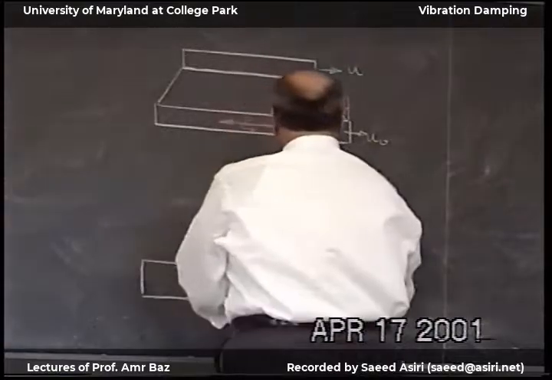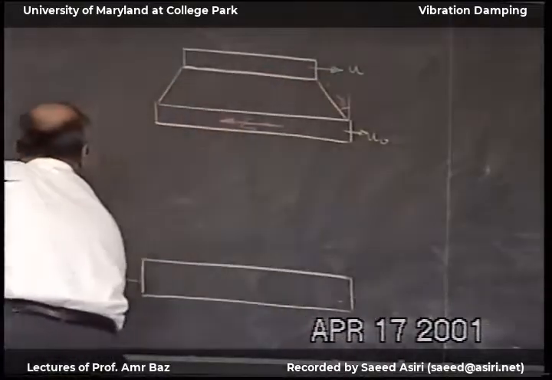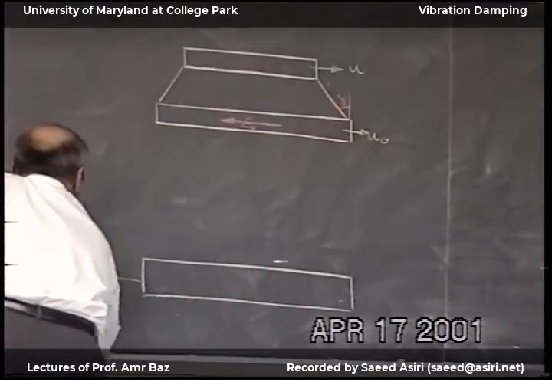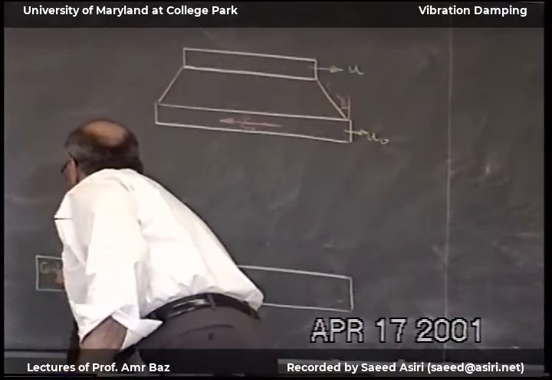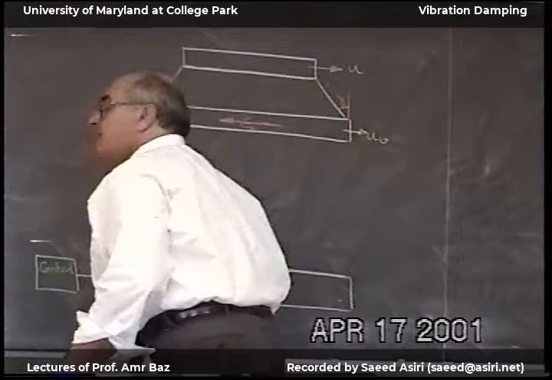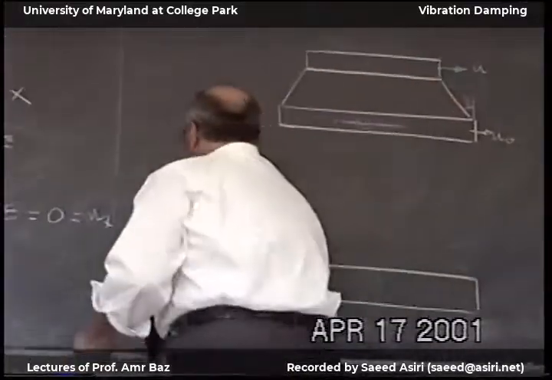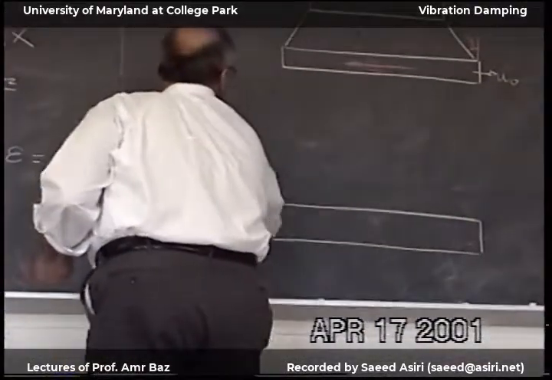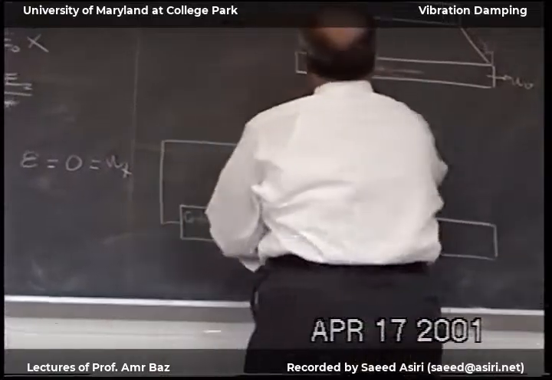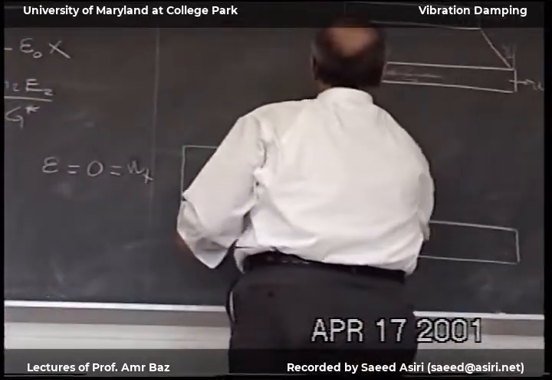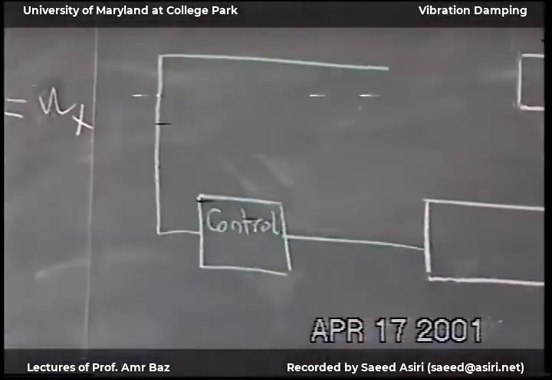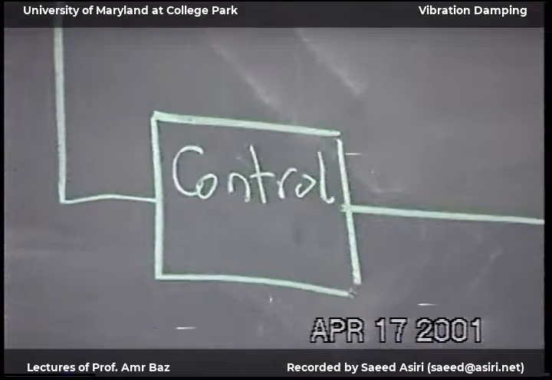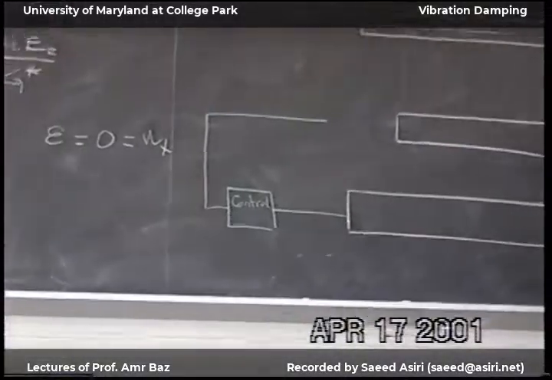So now I'm going to take this signal, put here a controller, and then take this output and feed it to the top layer, which was originally like this. And if this is piezoelectric material, I'm going to make it shrink, so it will be like this.